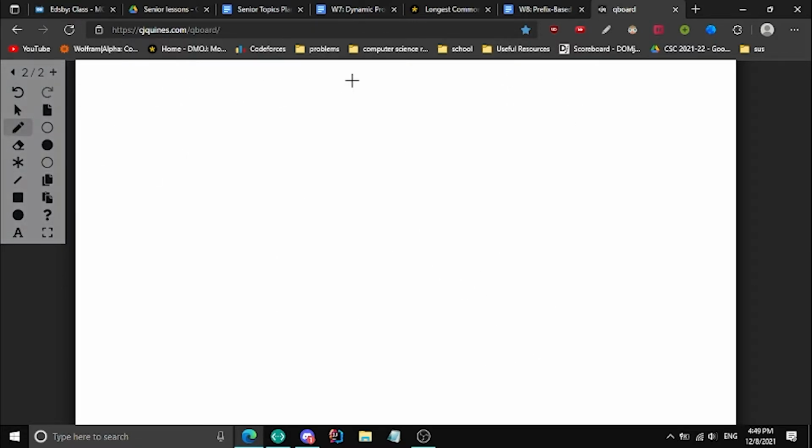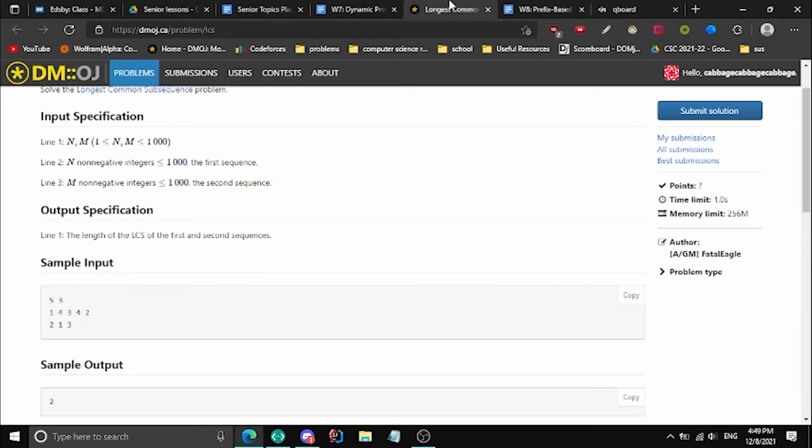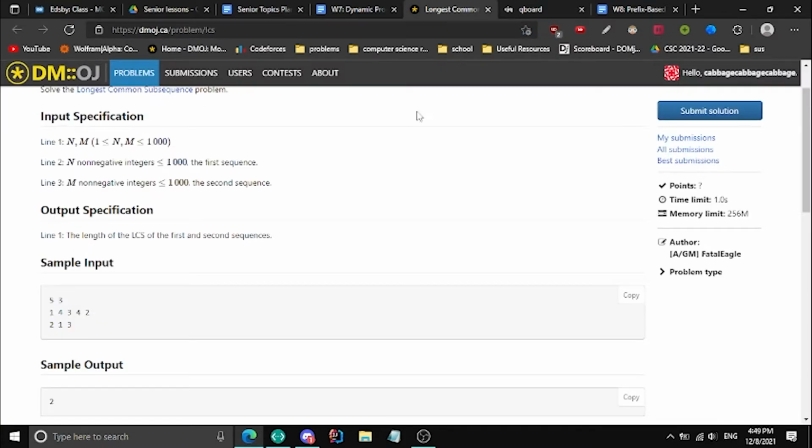And now I think we can start making a table for this example here. So 1, 4, 3, 4, 2, and 2, 1, 3.